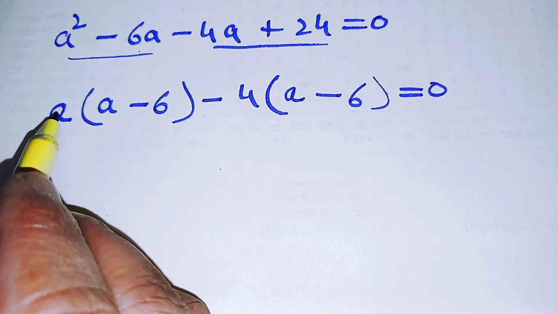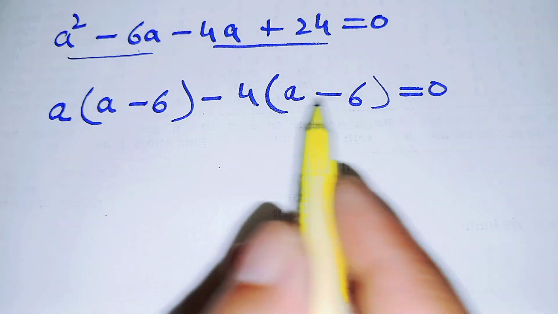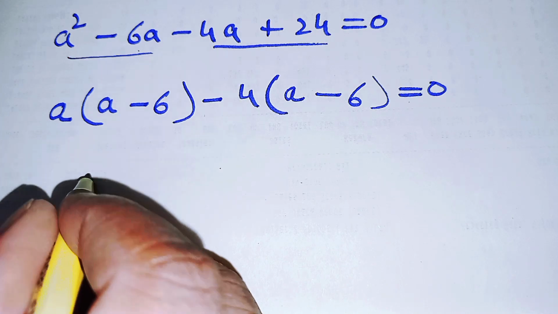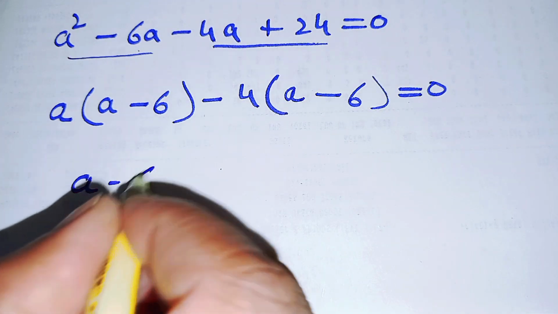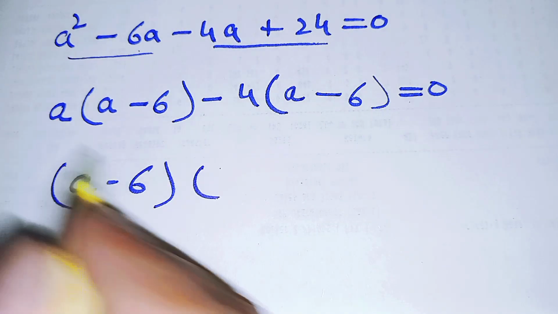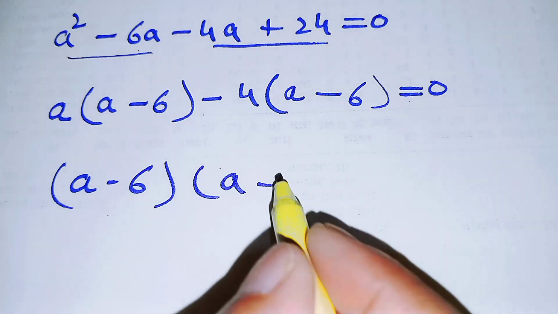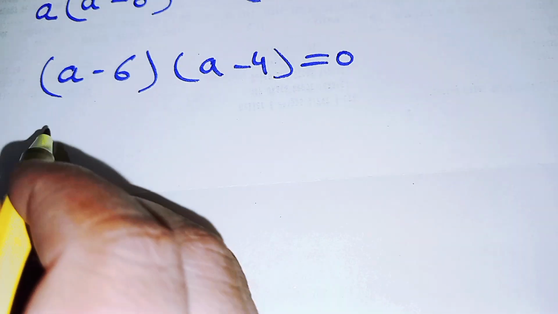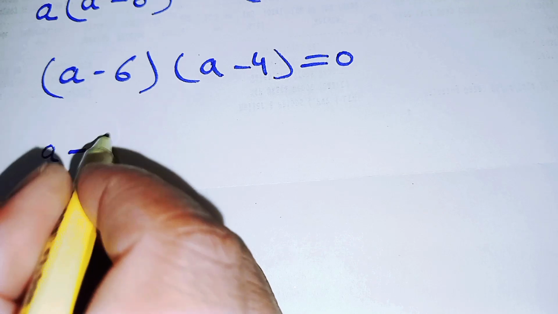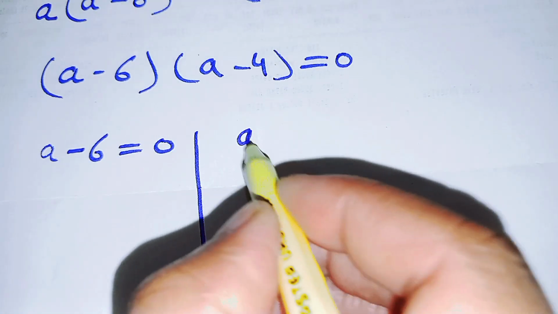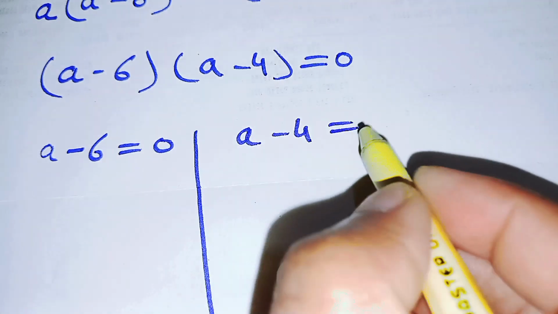Now we make two equations. The first is a minus 6, and the second is a minus 4, equal to 0. So a minus 6 is equal to 0 and a minus 4 is equal to 0.